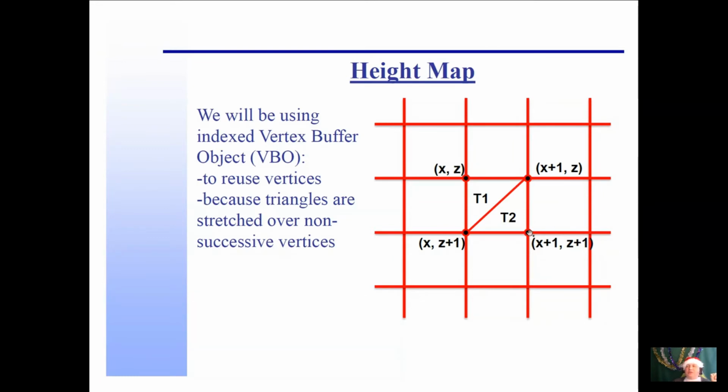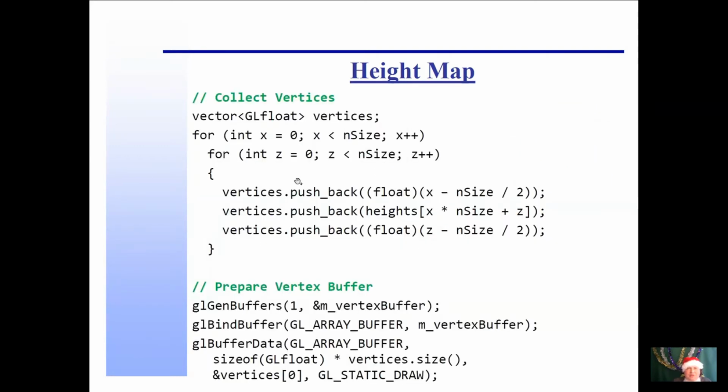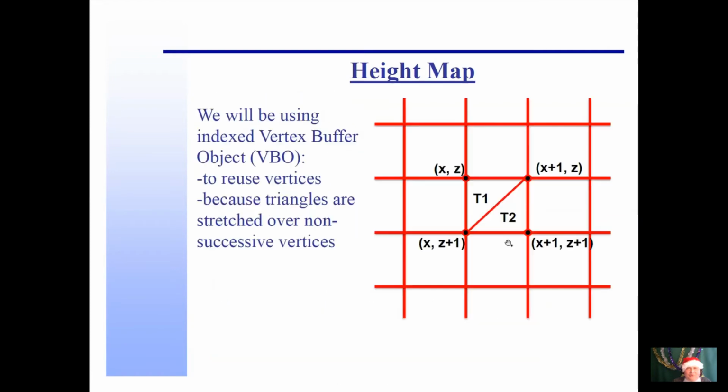Each vertex is used by 6 different triangles. So we don't want to store all the triangles in a sequence, mostly because we would have to rewrite the same vertex 6 times. So it's a huge saving in memory, and also we would have a very complicated loop to create this.